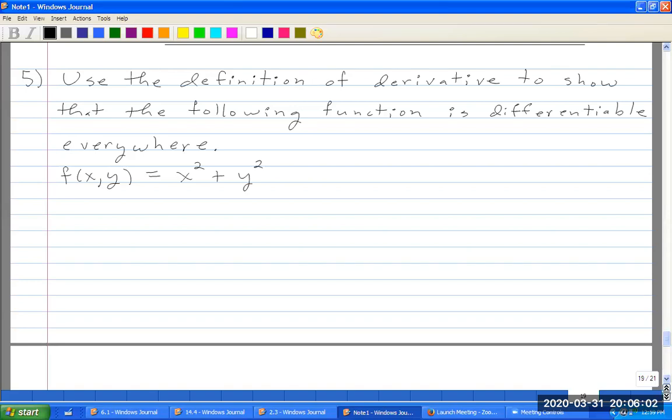So I want to somehow look at, let's say, at x y, that this is equal to df at x y, plus some little o of h. So little o of that.